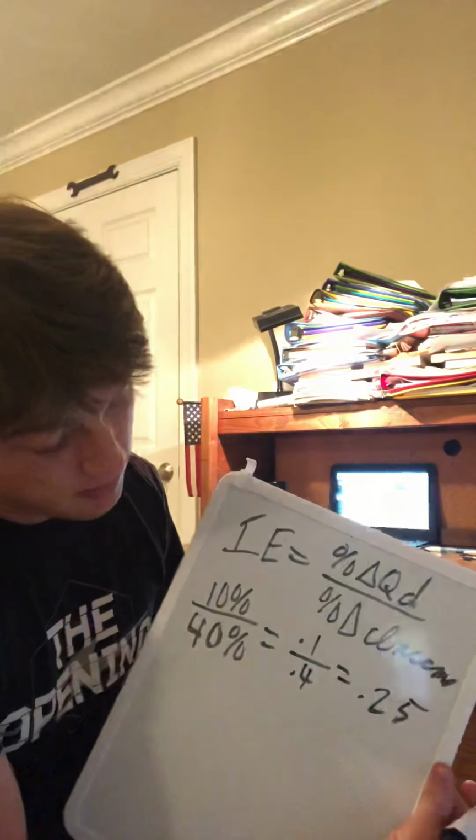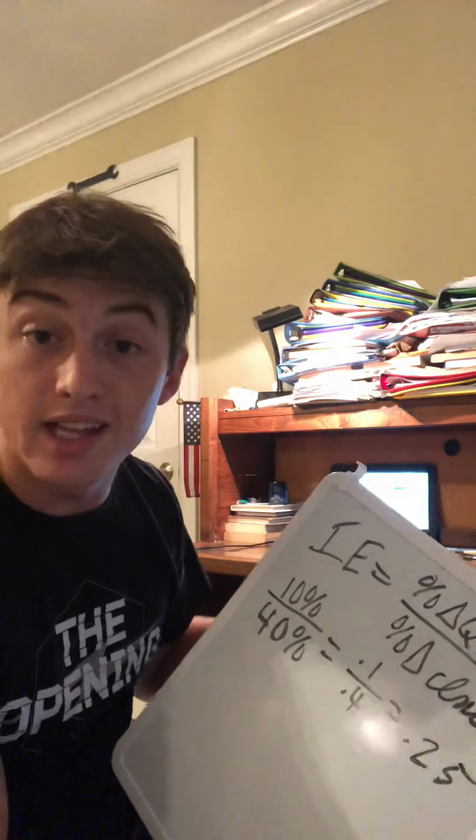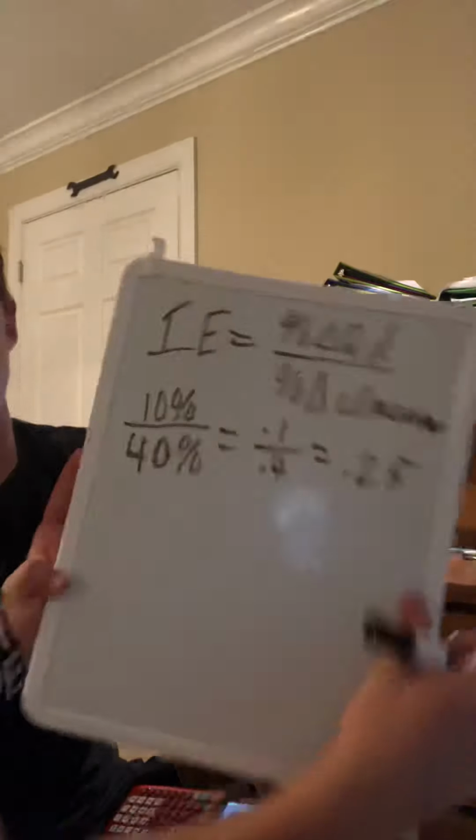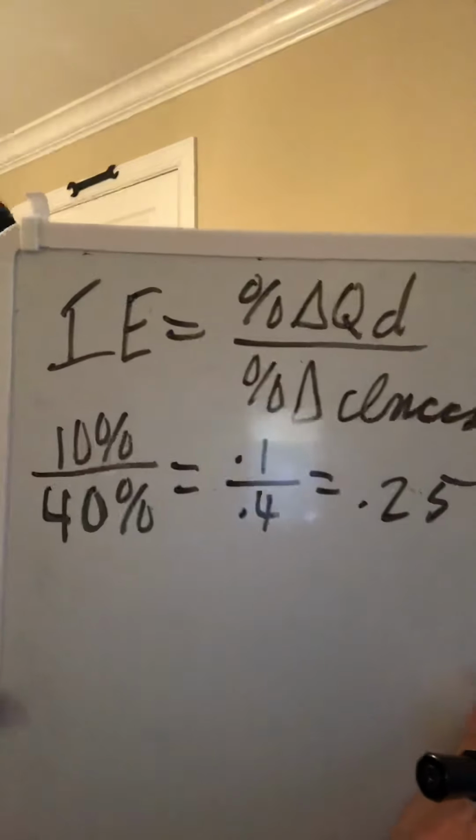You don't really need to know that, but it's just another way of saying 0.25. So it means that it is relatively income inelastic, because we know 0 to 1 is relatively inelastic and 1 to infinity is elastic, from the previous video I've made. So let me show you the math here so you know how to set it up.